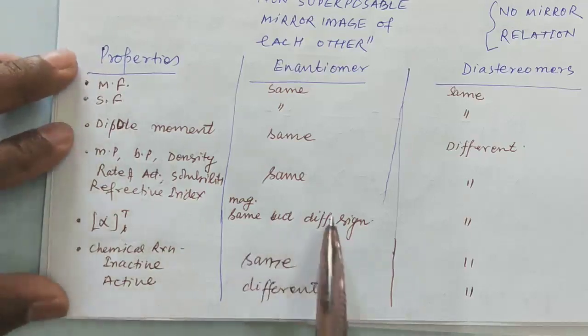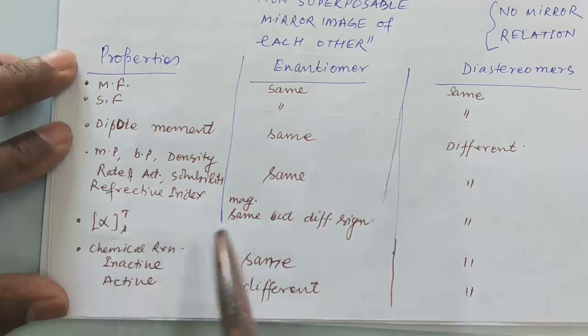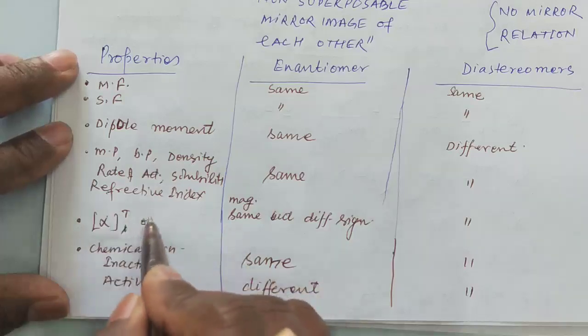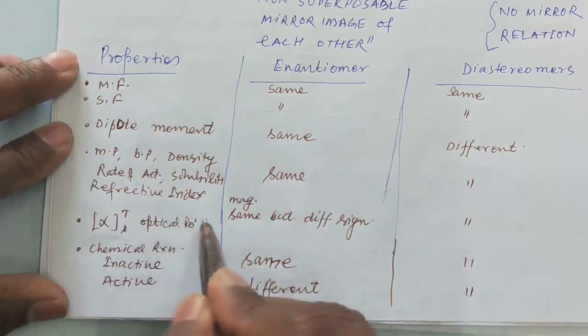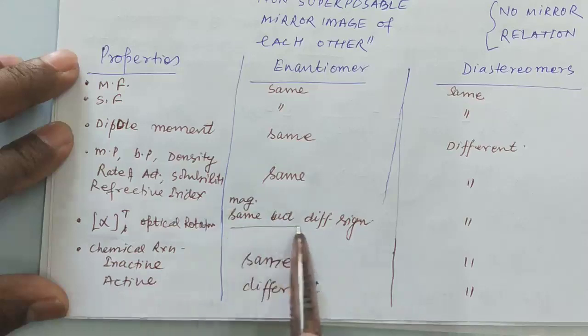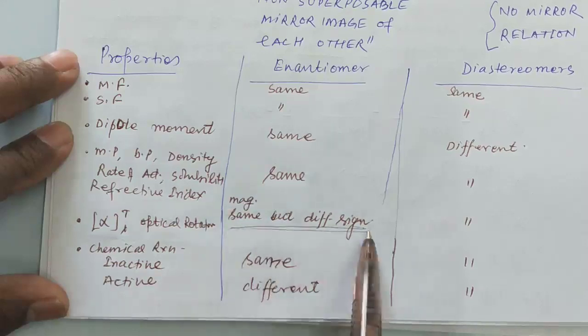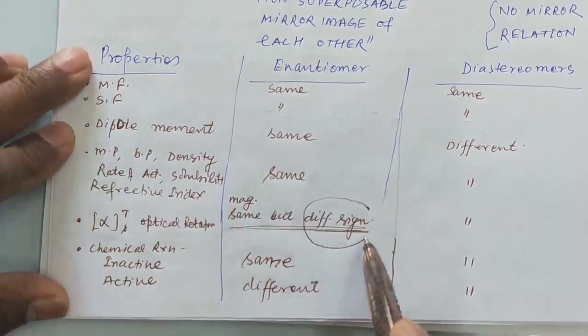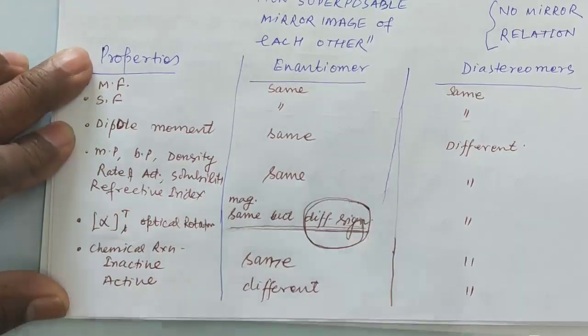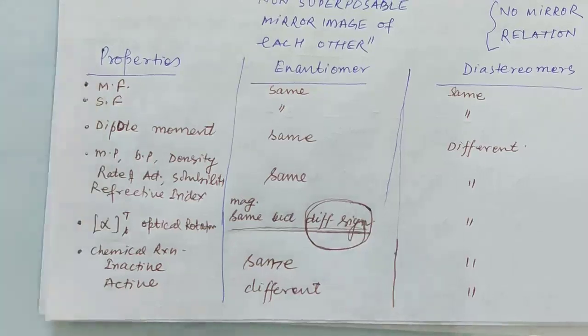See one major point, optical rotation, specific rotation or optical rotation you can say. Enantiomers have optical rotation of the same magnitude but different sign. On the basis of this different sign only you can differentiate the enantiomers.